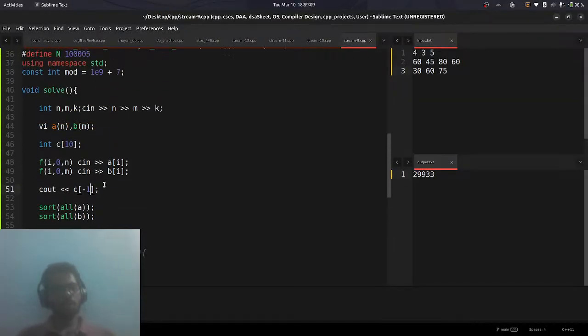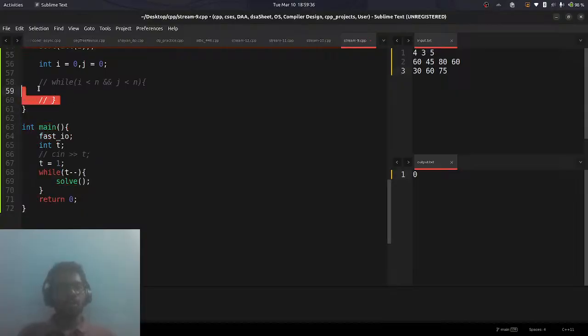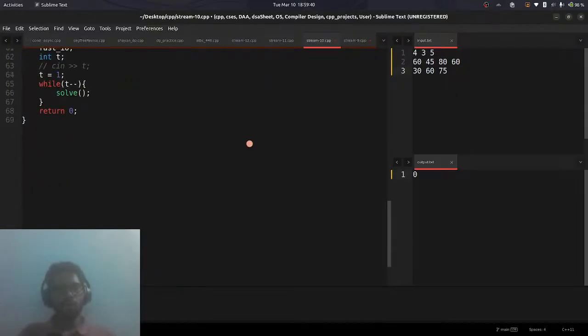Segmentation fault? Okay, but it is very weird actually. Why am I not getting any error? I need to research. Anyway, so we'll do this. Where were we?